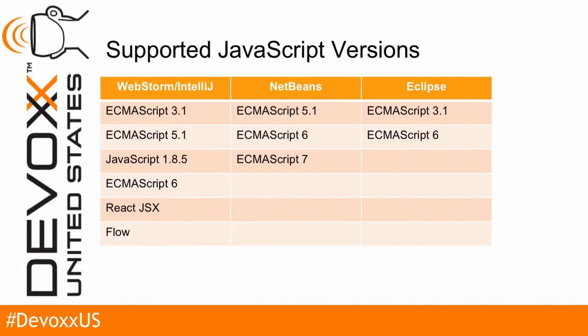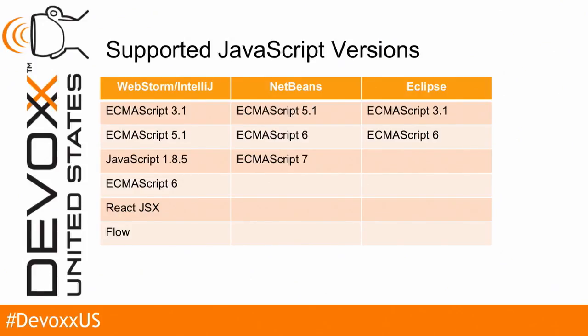In terms of JavaScript versions, of course, everyone is most interested in the latest, ECMAScript 6. But the IDEs do allow you to switch between the different language support depending upon the project and the code base that you're editing, because you're not always editing the most recent code, or the target users may be using an older browser.